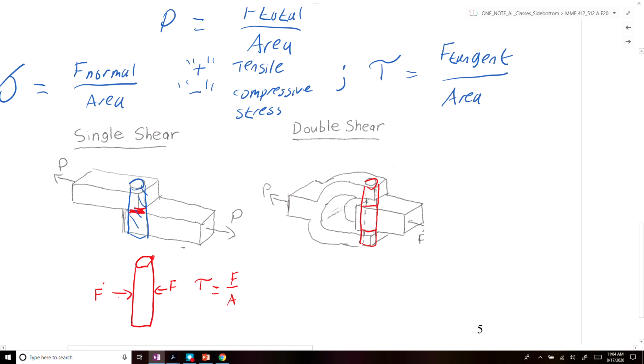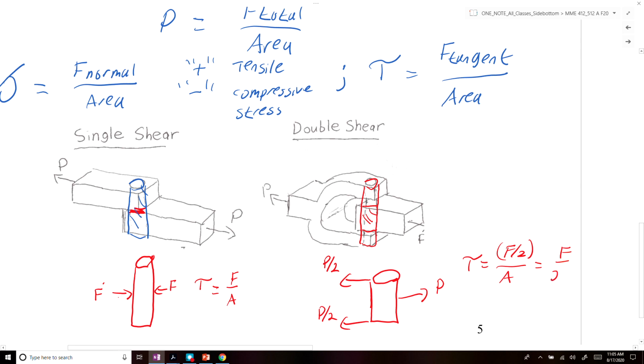If we highlight this section here, we have one force P over 2, another force P over 2, and another force P. So in the worst case scenario, the largest internal force is going to be equal to P over 2. So we can say that the shear stress is going to be equal to F over 2 over A, or F over 2A.